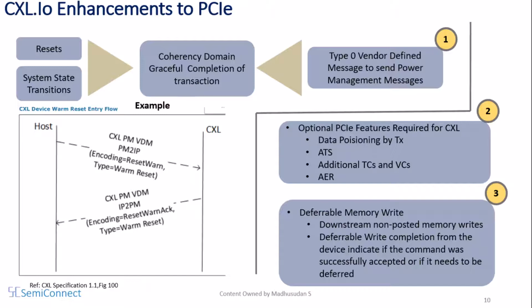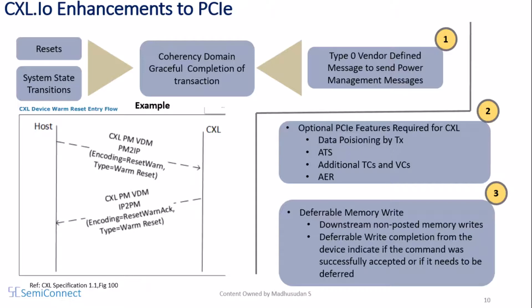And one more important feature that is defined in CXL is what is called deferrable memory write, right? Memory writes are posted, right? Which means the agent that wants to write just sends the write command and forgets about it. There is no completion returned back to the requester.